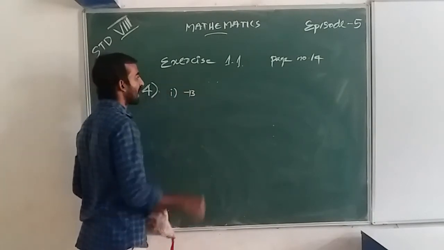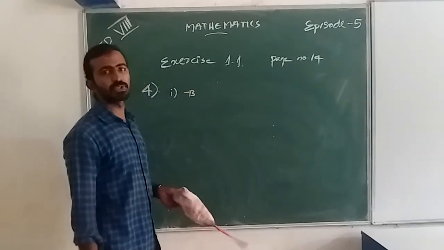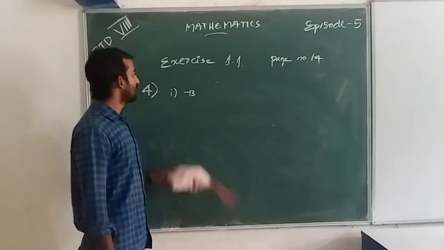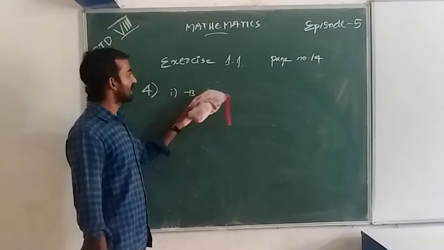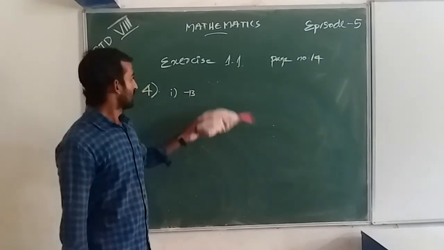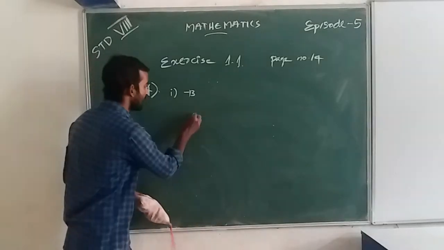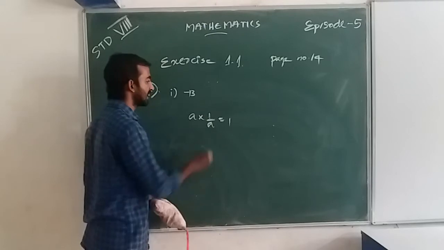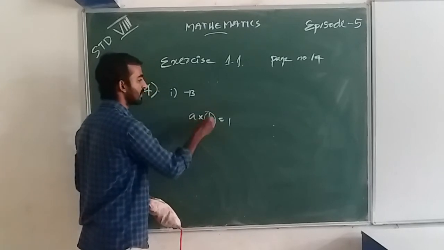We want to find the multiplicative inverse of minus 13. When we multiply one number and get the answer 1, then we have the multiplicative inverse. When a into 1 by a, we get 1. That is, 1 by a is the multiplicative inverse of a.